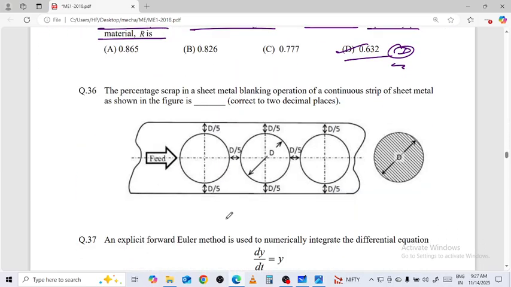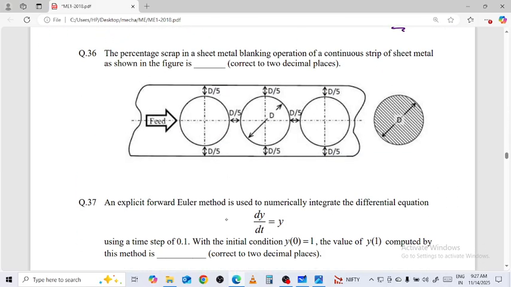Now next question, easy peasy. Percentage scrap in a sheet metal blanking operation of a continuous strip of sheet metal as shown in the figure is. Here the feed is to be D by 5, चारों तरफ से कटिंग का है.